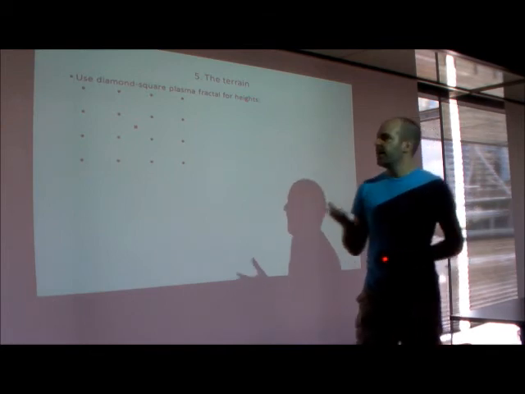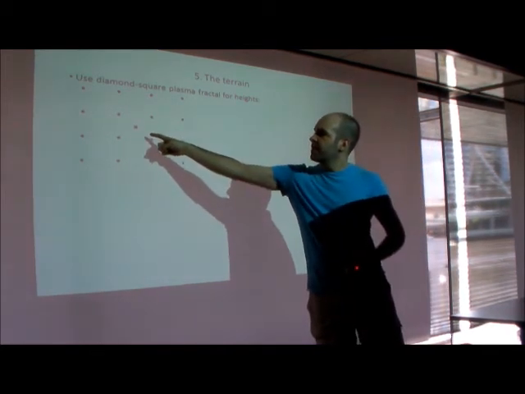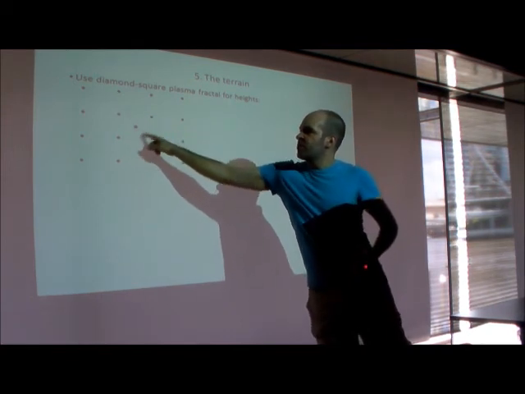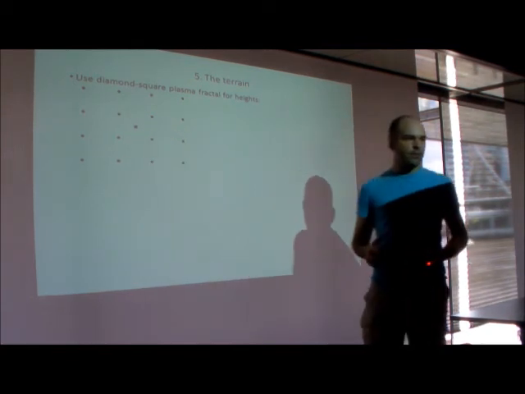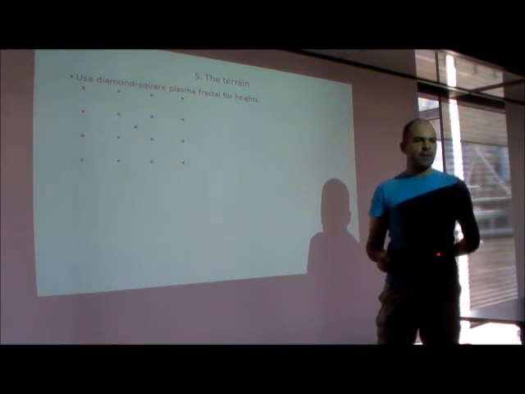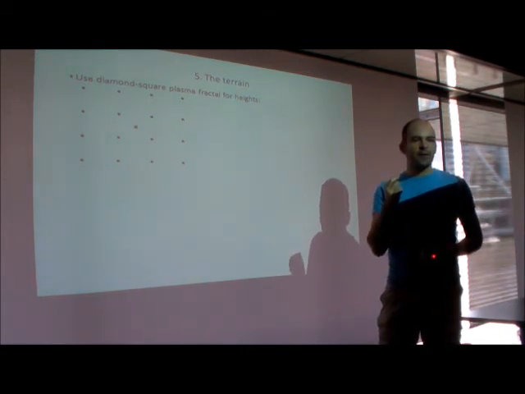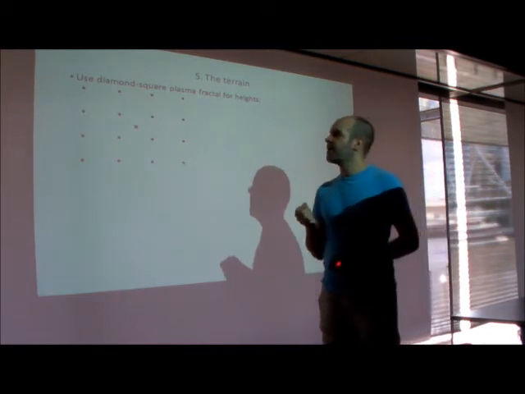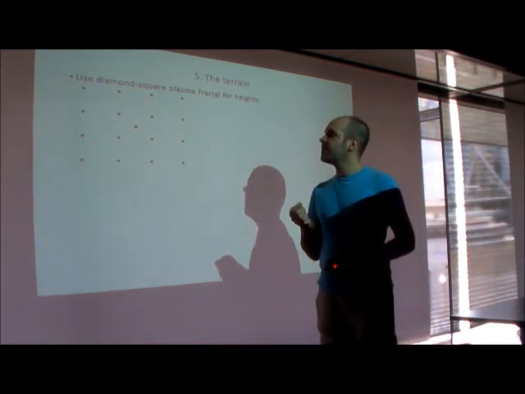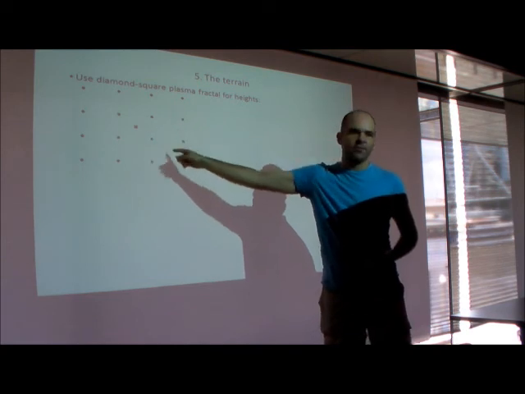So if you've got a height field here, you've done the average of the four around it, and then you've decided to either go up or down compared to the average. If you go down a lot, you want it to be a lot darker. If you go up a lot, you want it to be a lot lighter. And you have to average the shades of the ones around it as well.